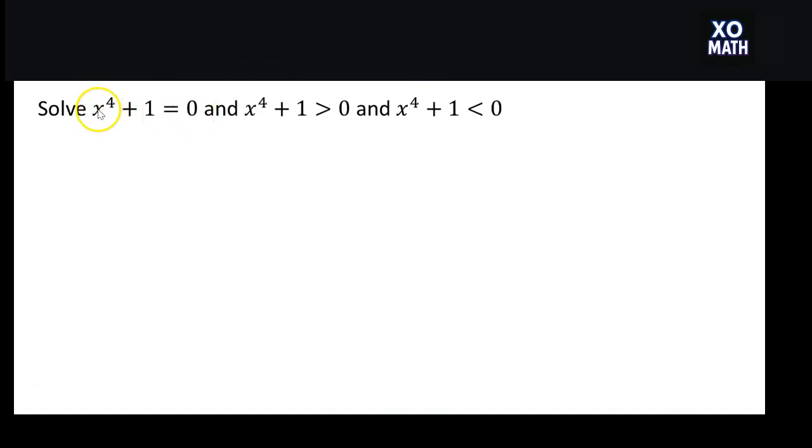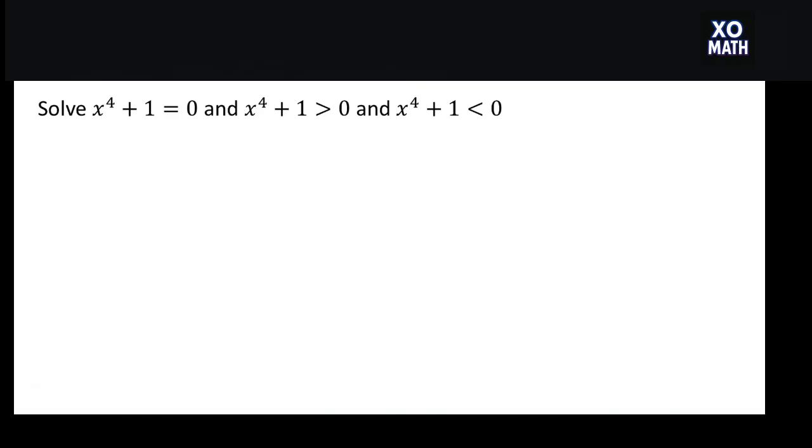And if you chose any other number, when you raise that number to the 4th power, you're going to get a positive quantity. Even if you take a really big negative number, when you raise that to an even power, you're still going to get a positive number, plus 1, that can never equal 0. So this equation has no real number solutions, and that's what we're in search of, real number solutions.